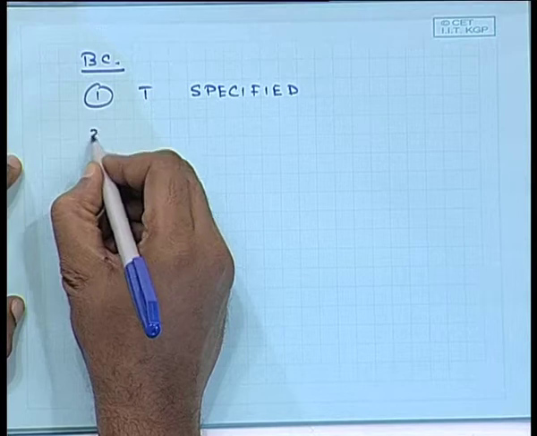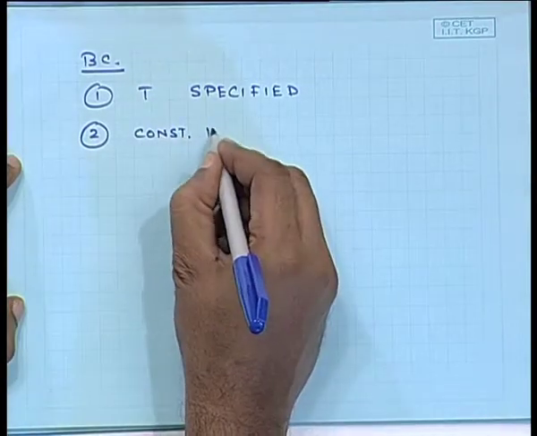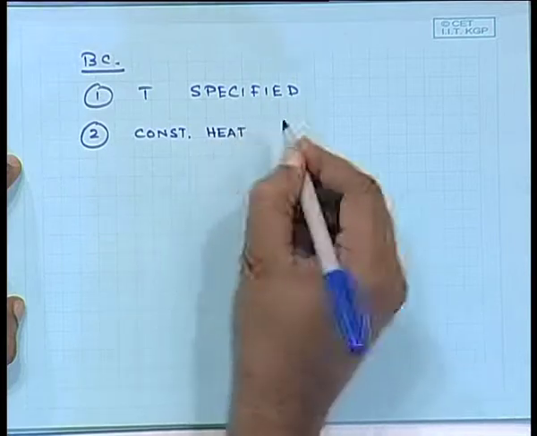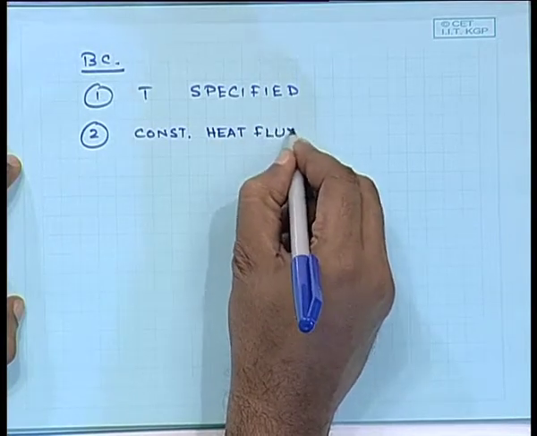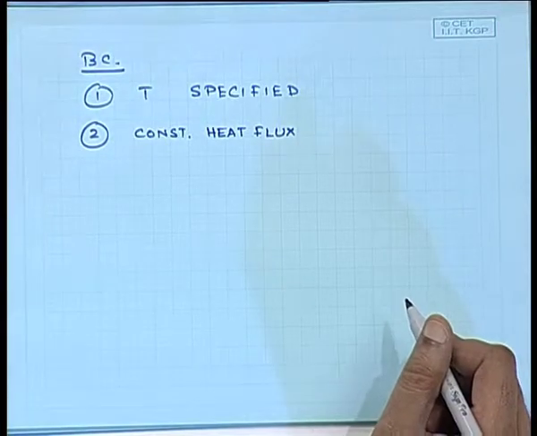The second one is constant heat flux. How are you going to express constant heat flux if you know that one wall of this room is getting 5000 watt per meter square of energy from somewhere? How do you express that?